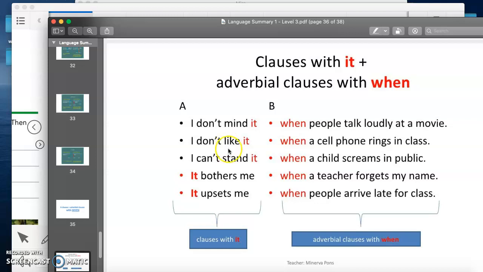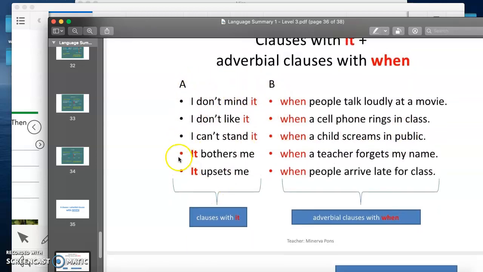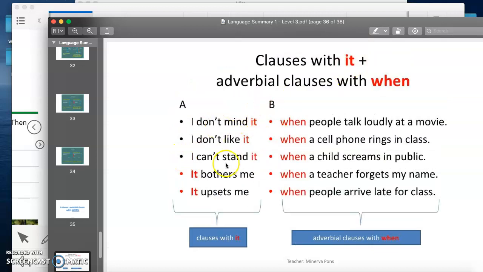Me. Okay. I don't like it when a cell phone rings in class. Exactly. So basically, as you can see, we have part A. Our part A is the clause with it. I don't mind it, I like it, I hate it, it bothers me, it upsets me.